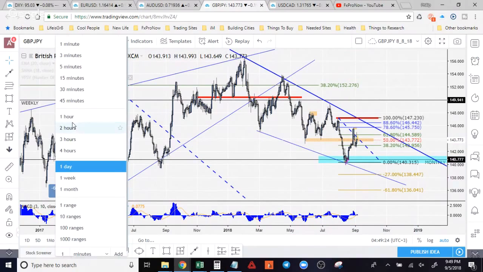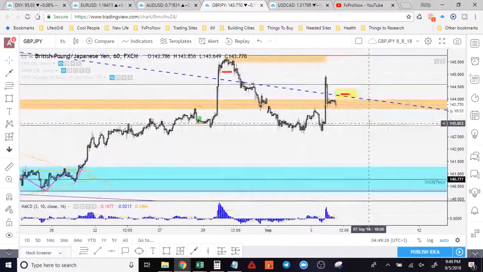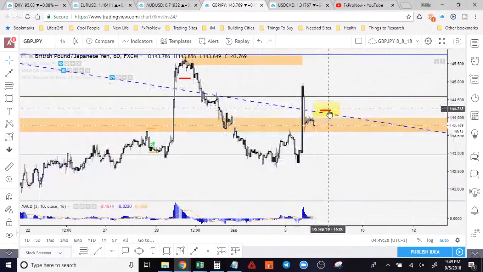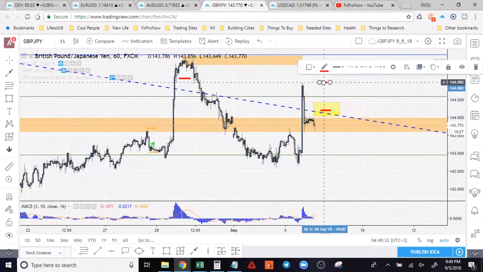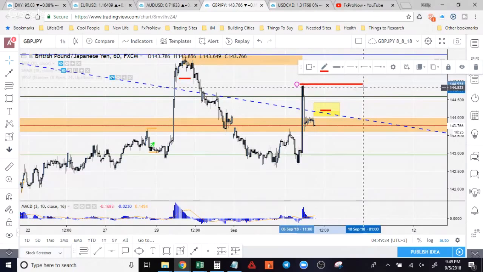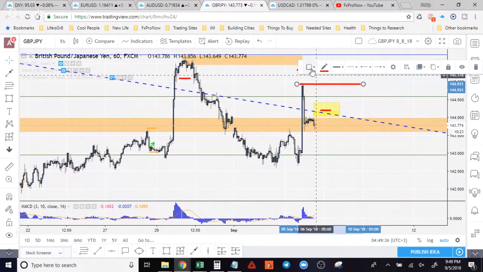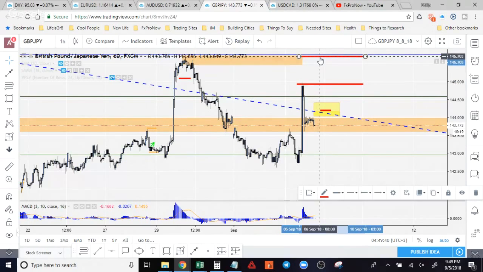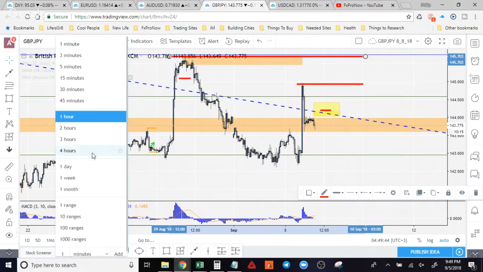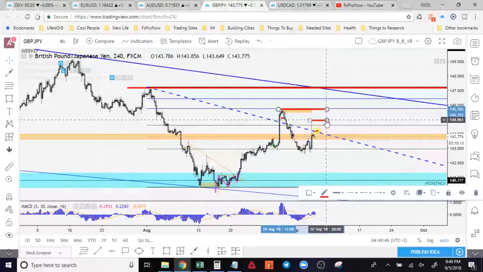Now here, let's do the opposite. Let's just say price doesn't respect that. Let's say price breaks this area over here, but more specifically, breaks this area right here, all the way up here, which I don't see really happening, but the market's a market, right?